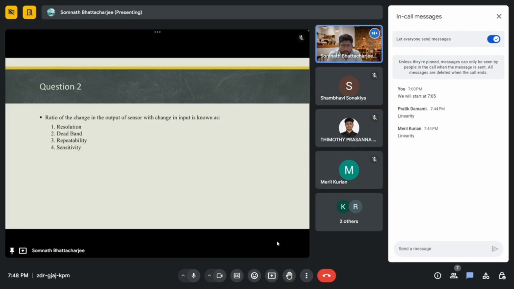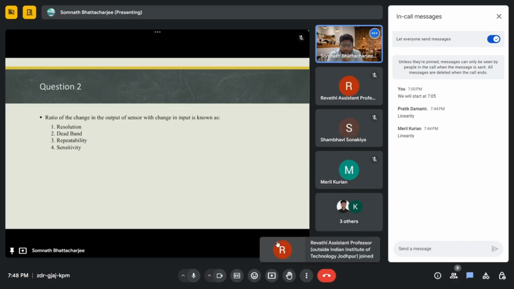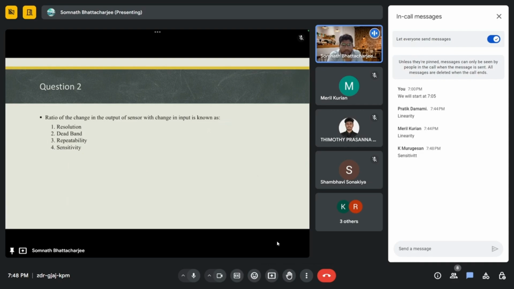Change in output with respect to change in input. What is it? Can you please explain this? Because I want someone to answer me, as it is a live interaction session.